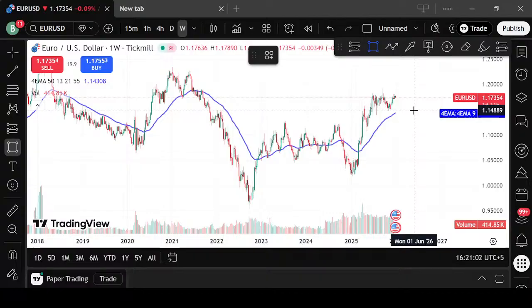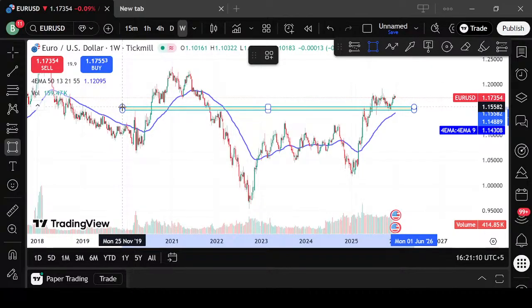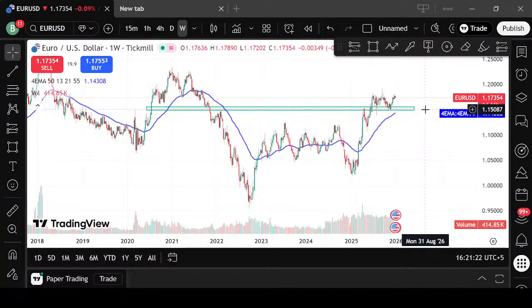Okay, so it is the weekly time frame and now we can clearly see that this is the clear spot area. Here is a clear spot and I can understand it very well.